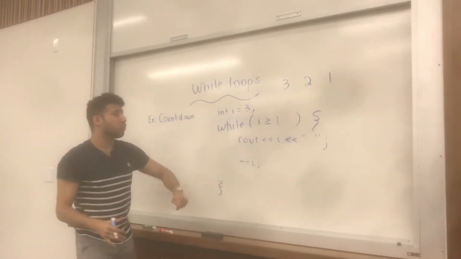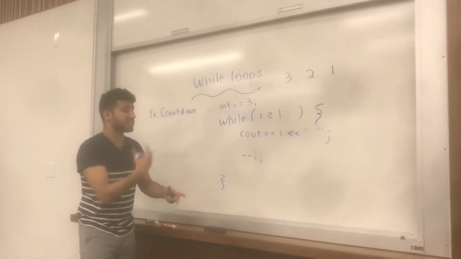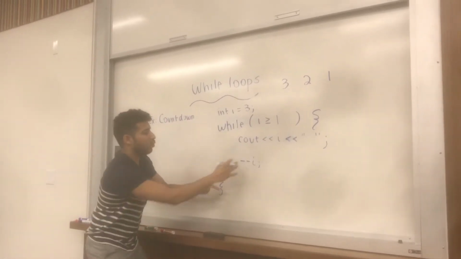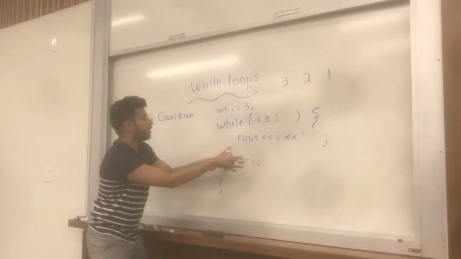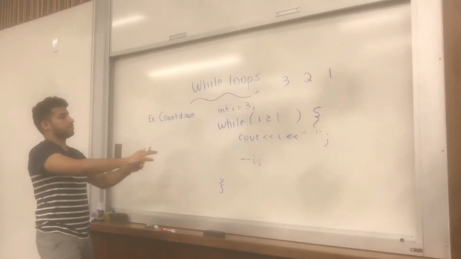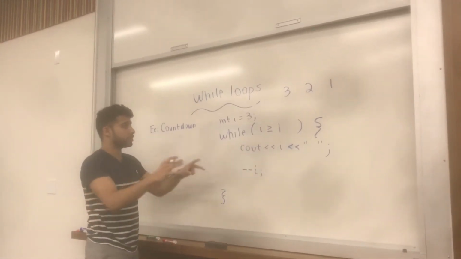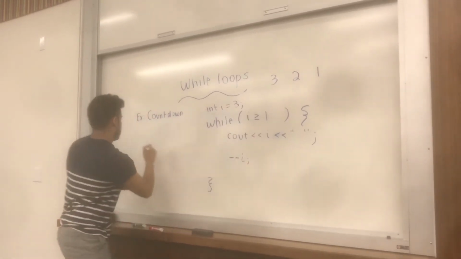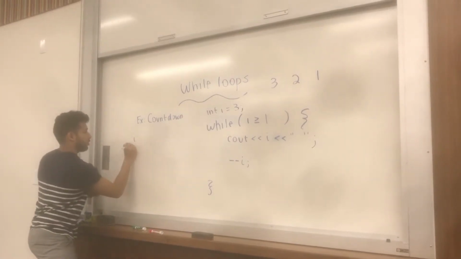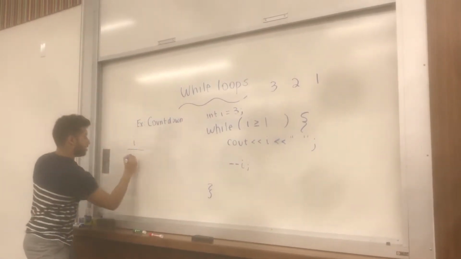We can walk through exactly how this while loop proceeds in order to explain why I added this decrement operator right here. So let's actually execute our code and see what happens. So the first thing is, i gets initialized. We'll have a current value for i, and so i is 3.